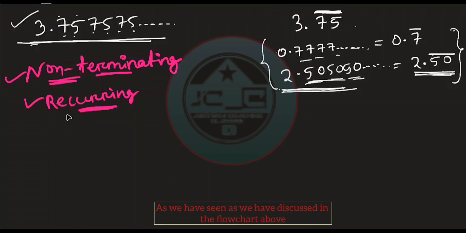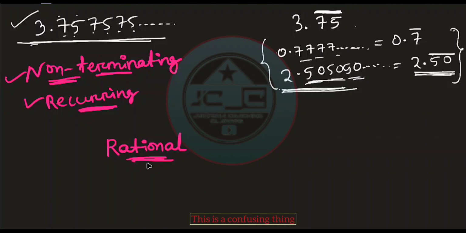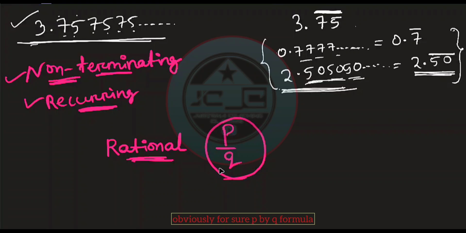As we discussed in the flow chart earlier, non-terminating recurring decimal expansions are rationals. This is the most confusing thing. We write it, but we don't know how many digits are going to be repeated here. Rational number means we can represent it in p by q form, obviously. If we represent it in p by q form, there would be a numerator, right? A numerator should be there and a denominator also should be there.